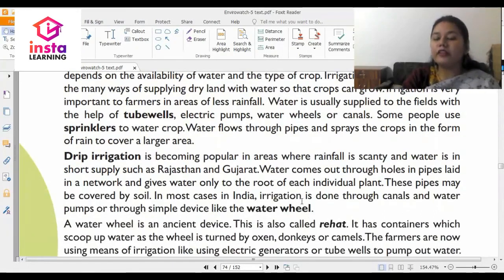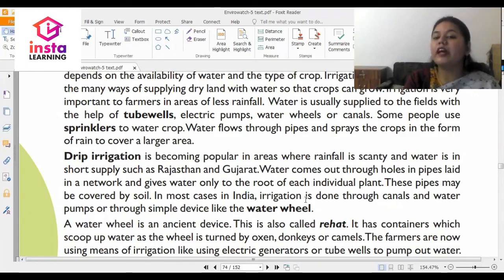Now you have a method of irrigation called drip irrigation. It became popular in areas where rainfall is scanty and water is in short supply, such as Rajasthan and Gujarat. Water comes out through holes in pipes laid in a network and gives water only to the root of the plant. These pipes may be covered by soil.